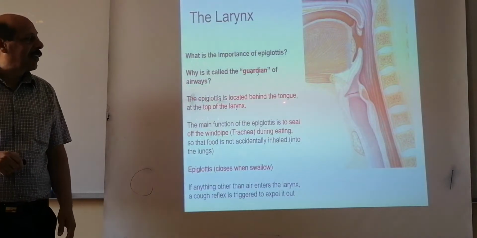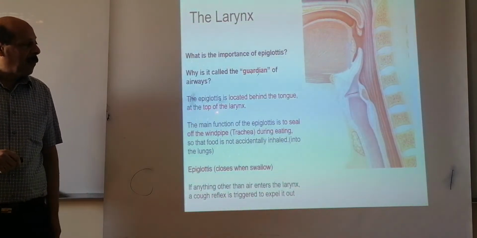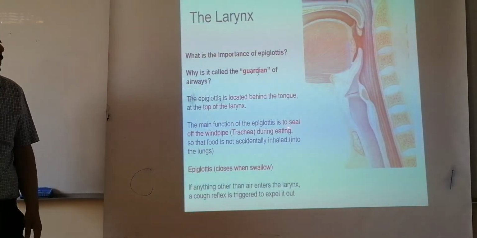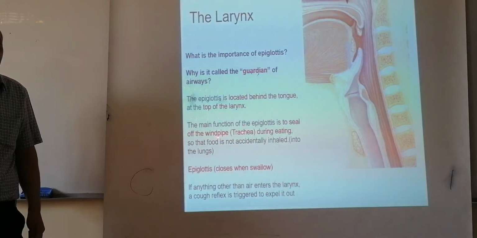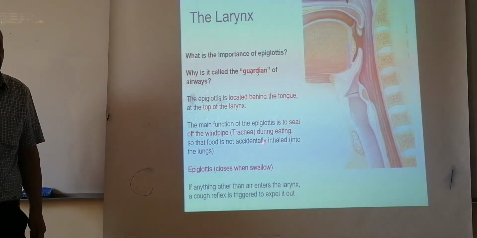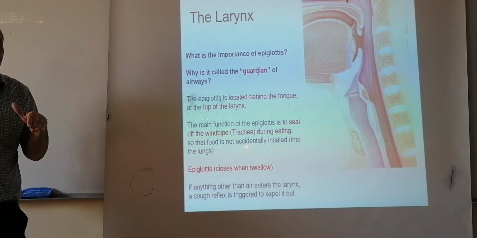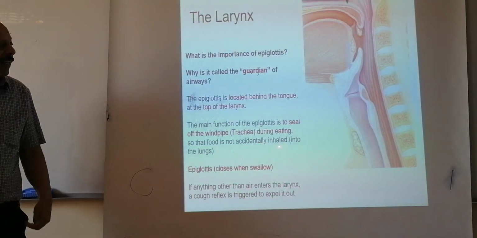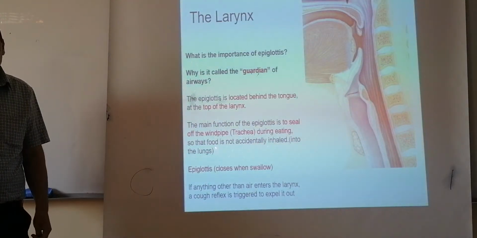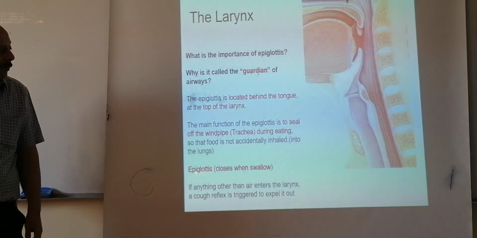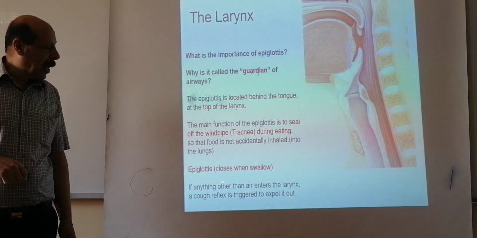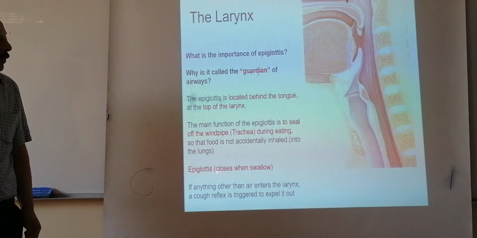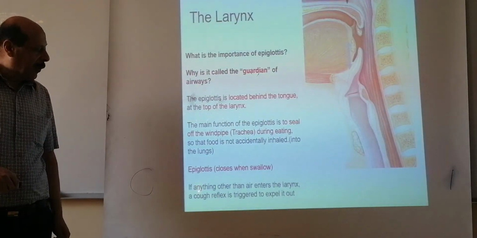The epiglottis is located behind the tongue at the top of the larynx, and its main function is to seal the windpipe, or the trachea, during eating. It will seal it, close it, so the food is not accidentally inhaled into the lung. The epiglottis closes when we are swallowing.